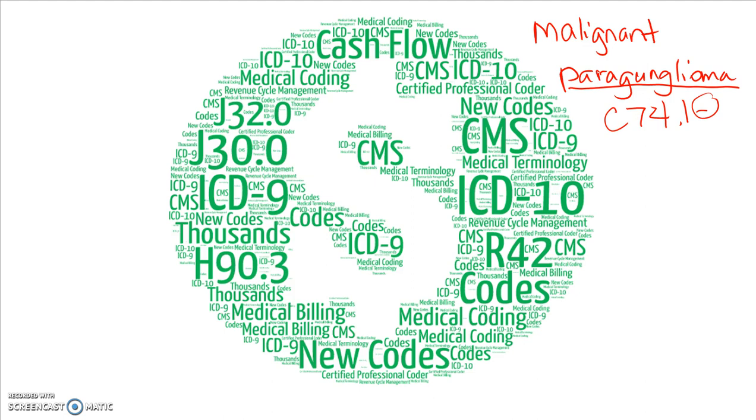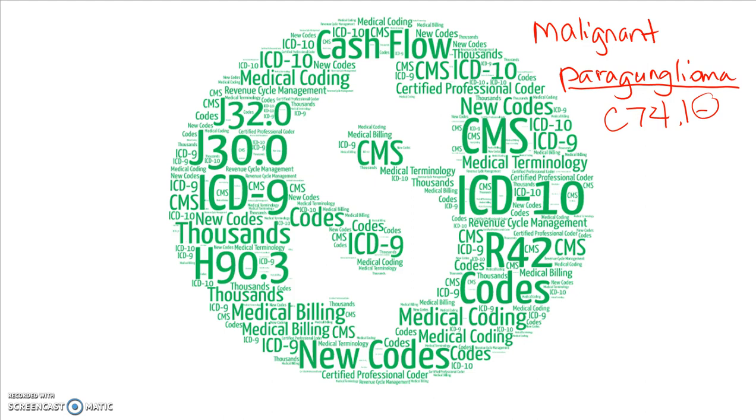So our choices there are C74.10, 0.11, and 0.12. And the differences between those codes are 0.10 is unspecified, 0.11 is of the right gland, and 0.12 is of the left.